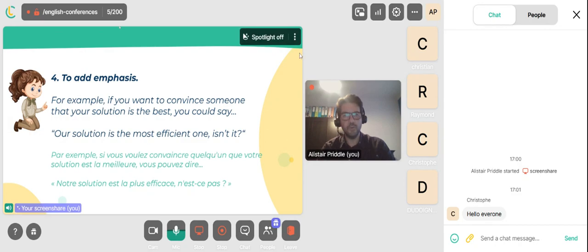And number 4, to add emphasis. For example, if you want to convince someone that your solution is the best, you could say, our solution is the most efficient one, isn't it?